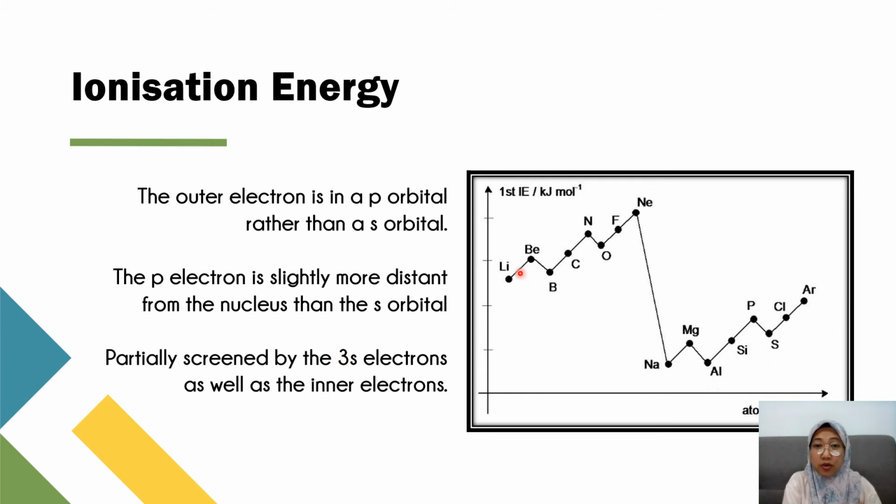Kalau untuk boron, dia screened by 2s electrons. Okay. Jadi sebab tu dia punya tenaga tu agak rendah sikit sebab dia ada screen by the s electron. Okay, yang berada lebih dalam sikit. Jadi dia senang untuk dikeluarkan. Sebab tu tenaga tu rendah.